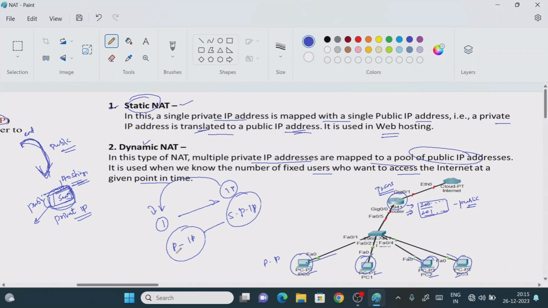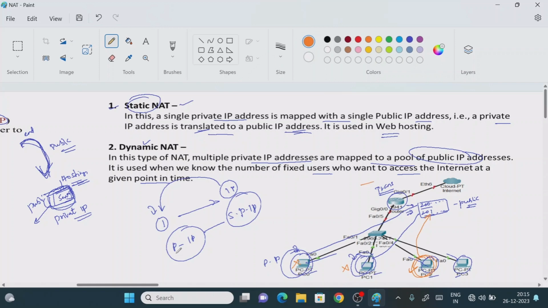Suppose these 2 systems are requesting the internet, then we map these private IP addresses to the public ones. Later, after they finish accessing the internet, if this other system wants to access the internet, its private IP address will be mapped to a public IP address.